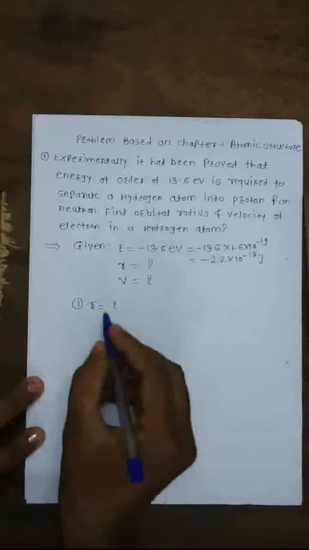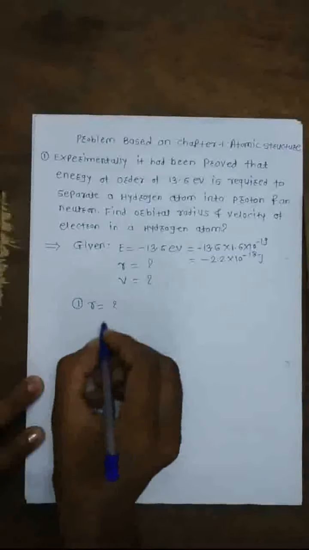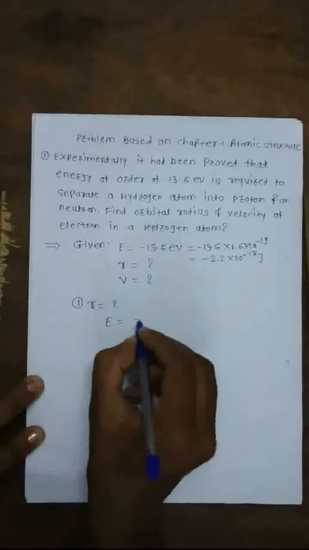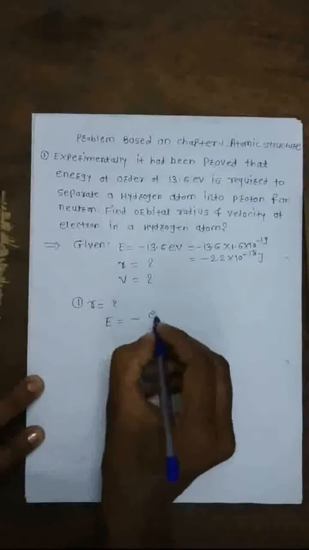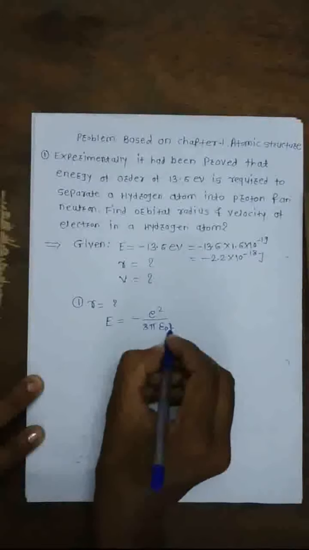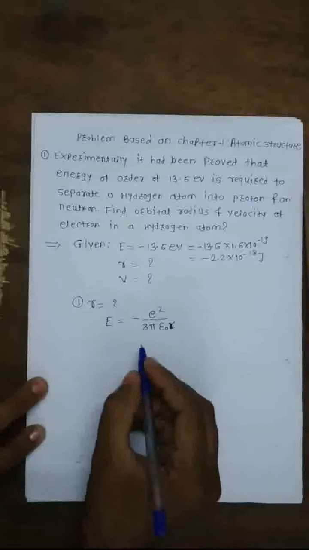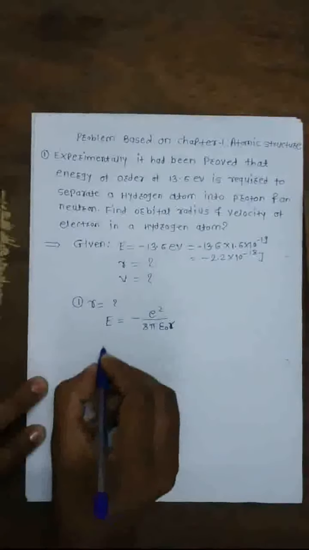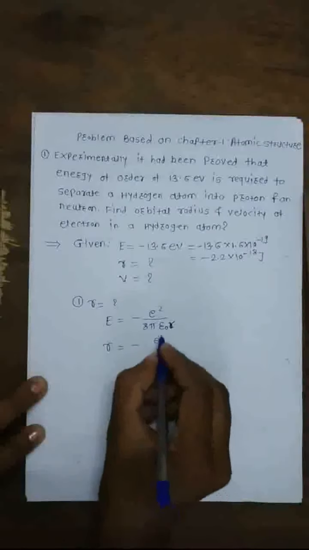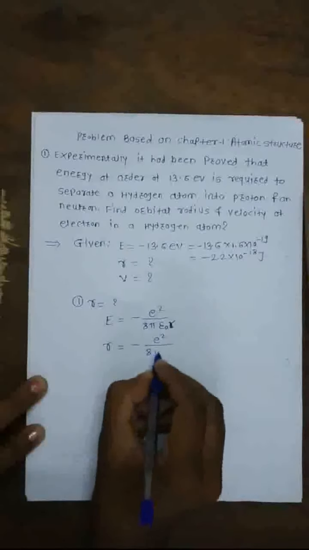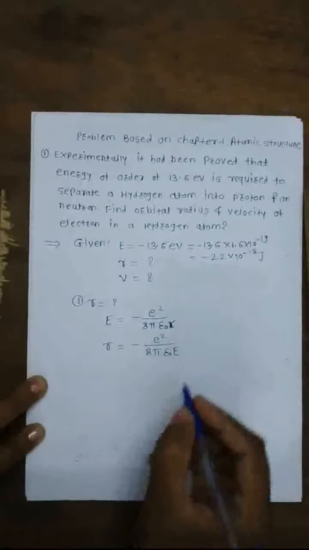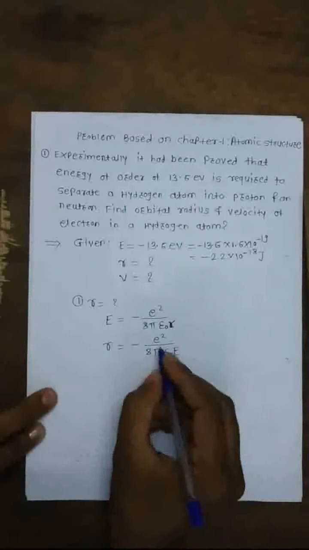You know this relation, the energy of a hydrogen atom, E is equal to minus e square upon 8 pi epsilon 0 R. Therefore, rearranging this equation, R is equal to minus e square upon 8 pi epsilon 0 E. Now we have to put in all these values.